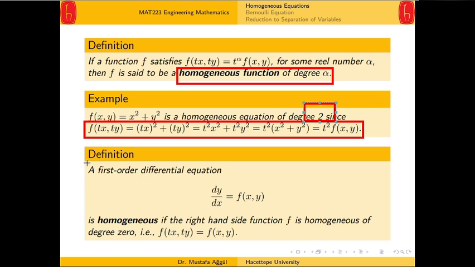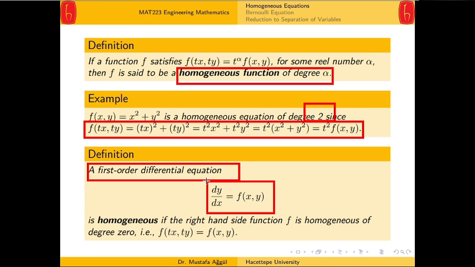A definition: a first order differential equation dy dx is equal to f of x comma y is a homogeneous equation if the right hand side function, this f, is homogeneous of degree 0. So this function has to be a homogeneous function and the degree has to be 0.